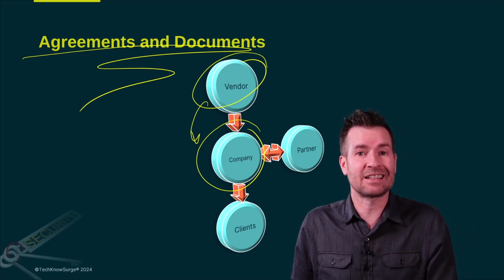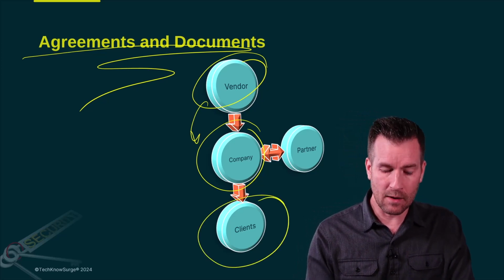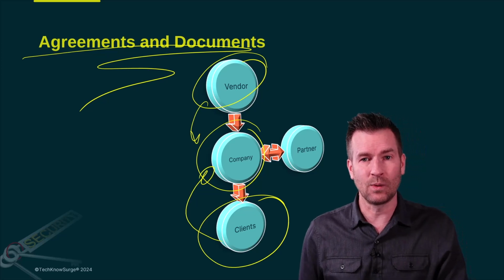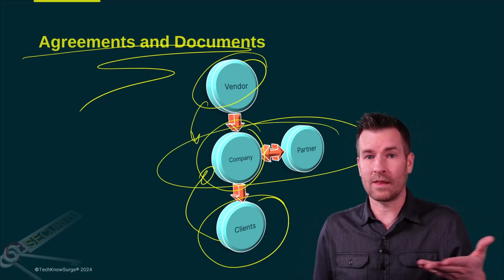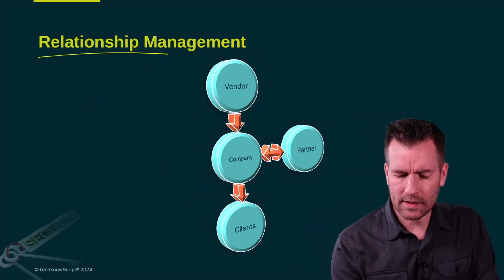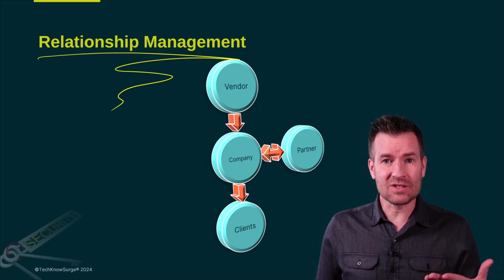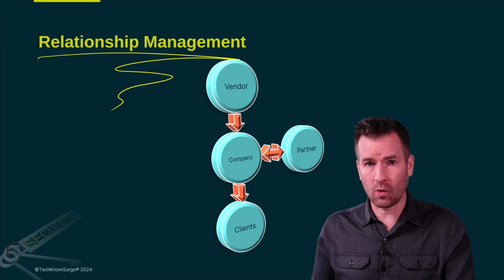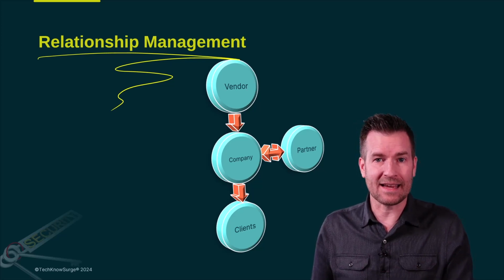They're not going to disclose that information to anyone else. Well, the same thing, the clients may require that of us as well. And certainly the same thing between two companies when they're partnered together. So this module is really all about that relationship management, how we're going to manage relationships between our company or organization and other companies and organizations or our clients and customers.